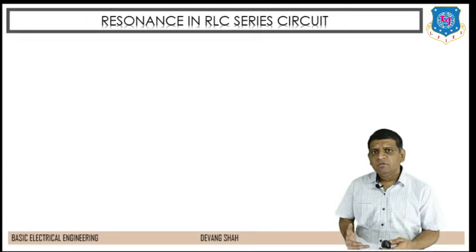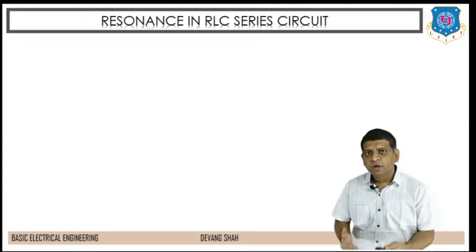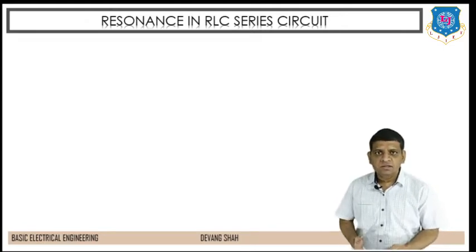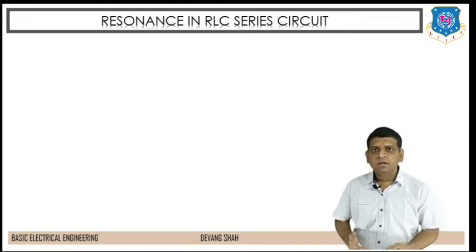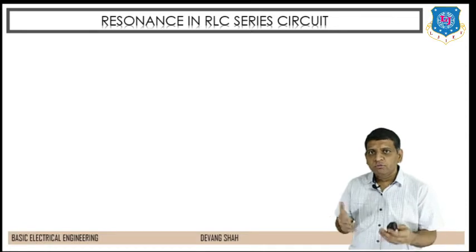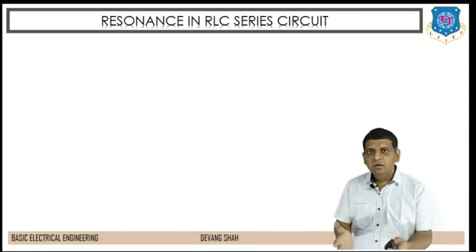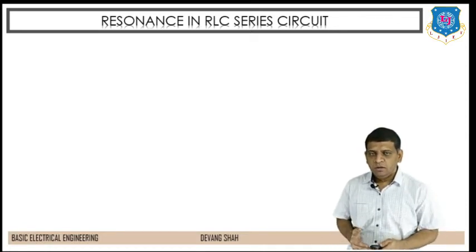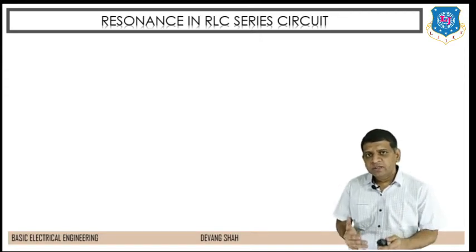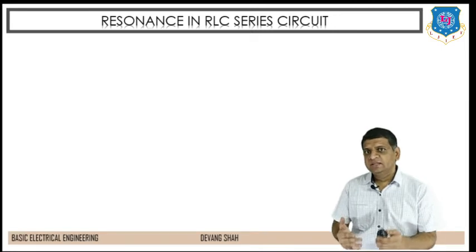Now, why we learn about the effect of frequency for series RLC circuit? If you apply the DC signal there is no importance of frequency because for a DC, frequency is 0, but there is a specific importance of frequency when you apply an AC signal.